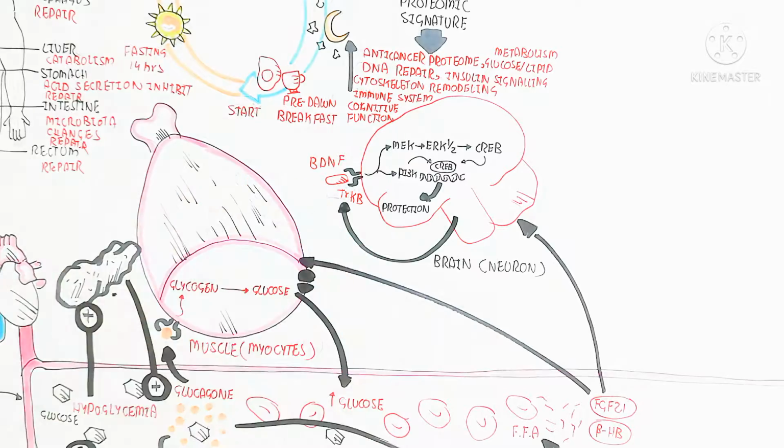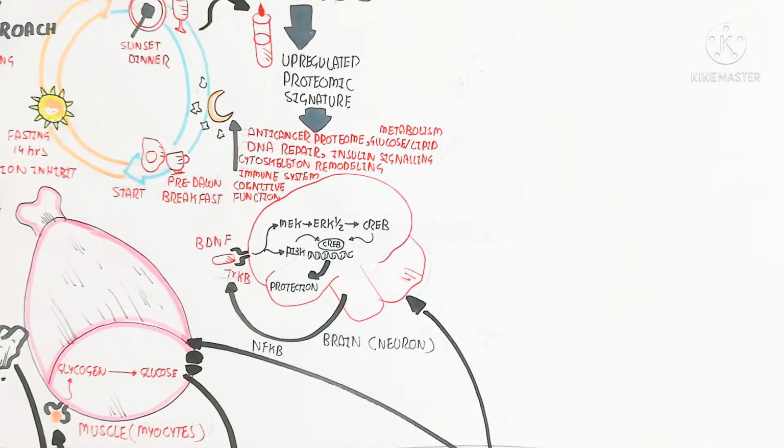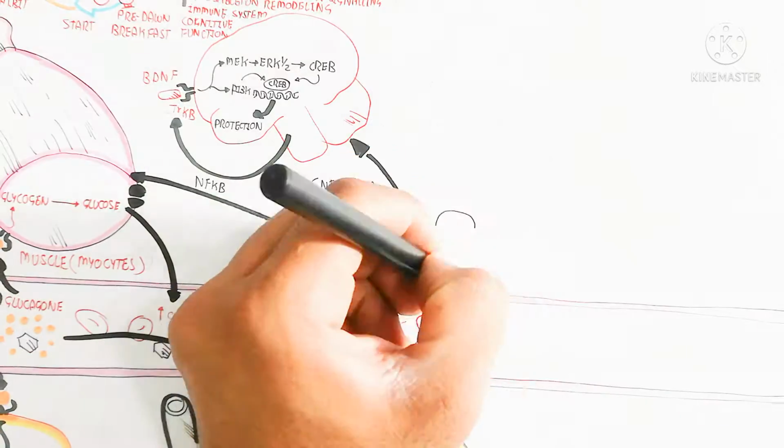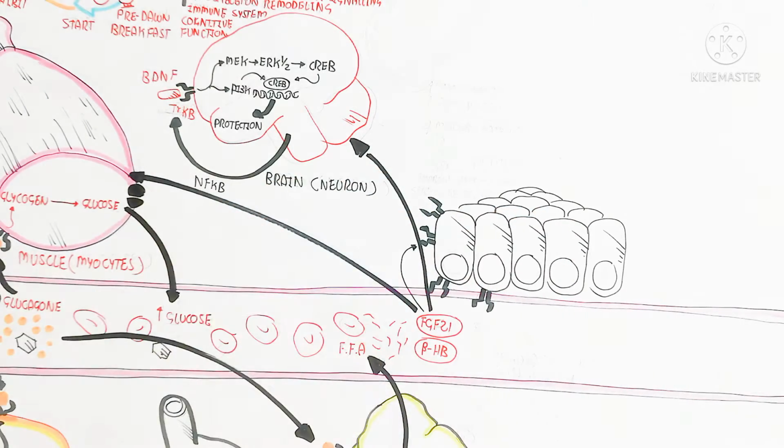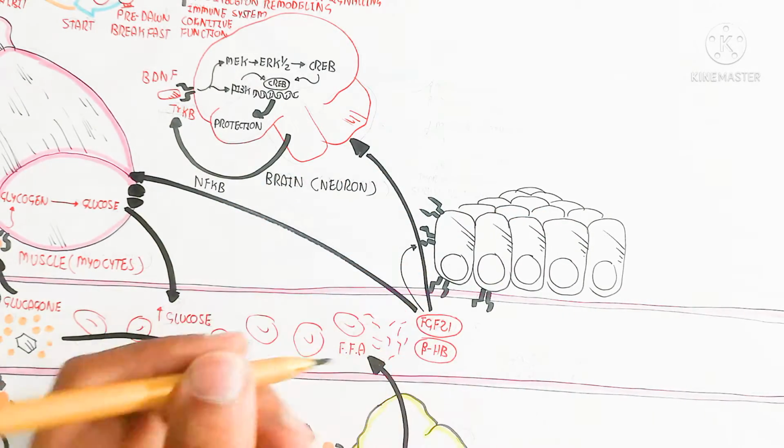It is used for the phosphorylation of the MAPK and ERK1/2 pathway, and the CREB pathway will lead to binding the DNA to produce protection, and in this way neuroplasticity will occur.